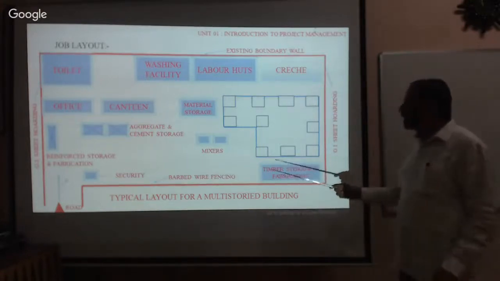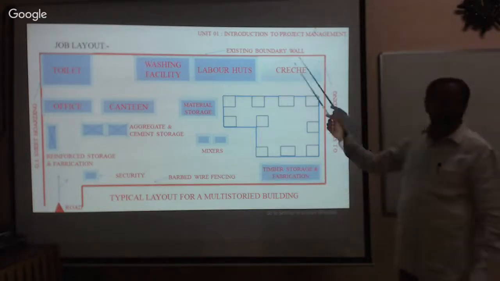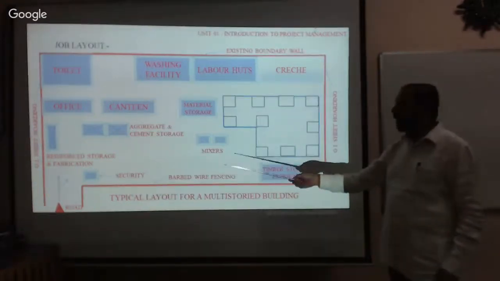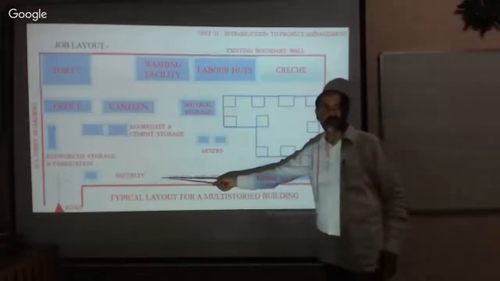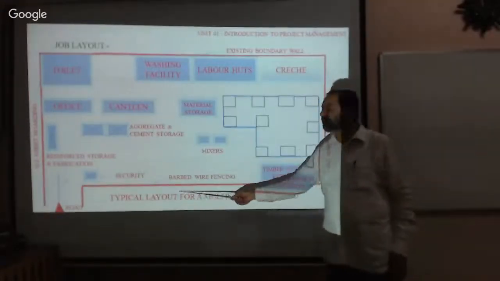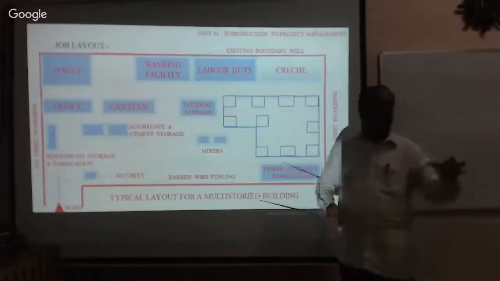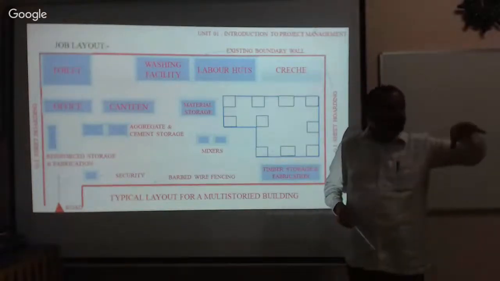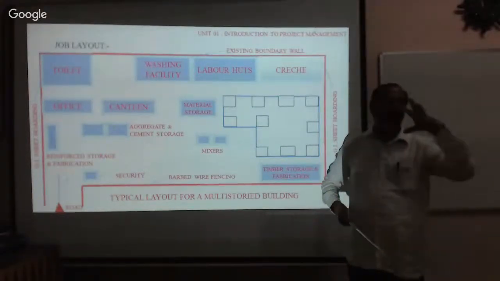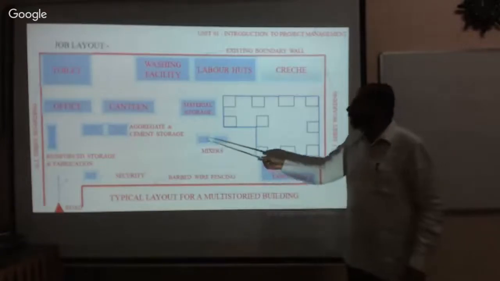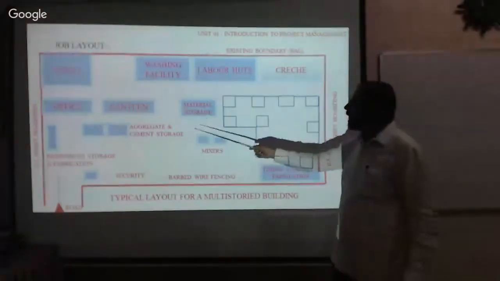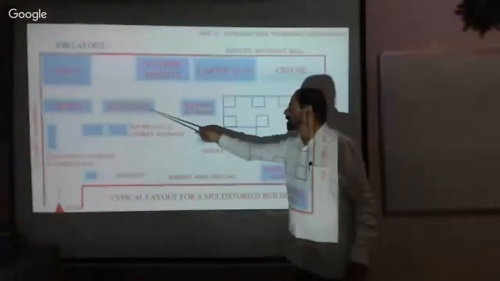Therefore, first fencing, then one gate, then security, isn't it? Gate, then barbed wiring, that is fencing around the area where you want to take up the project. Then you have to provide the aggregate storage, canteen, and the office.